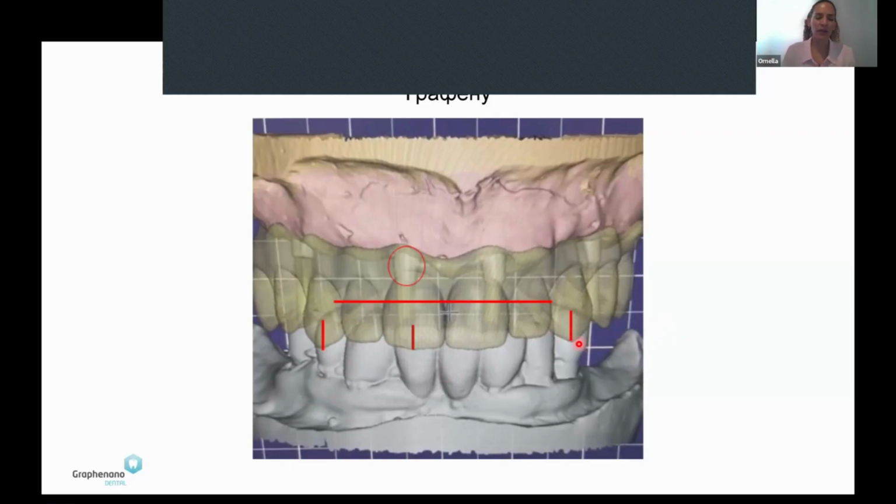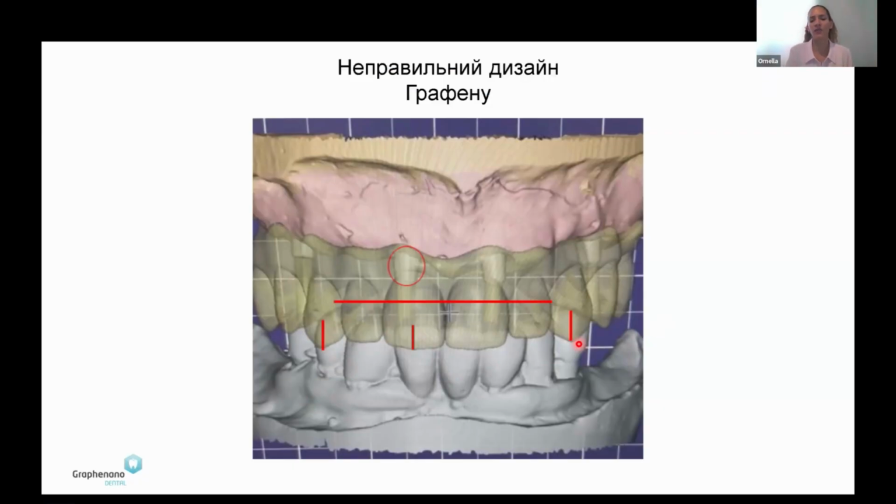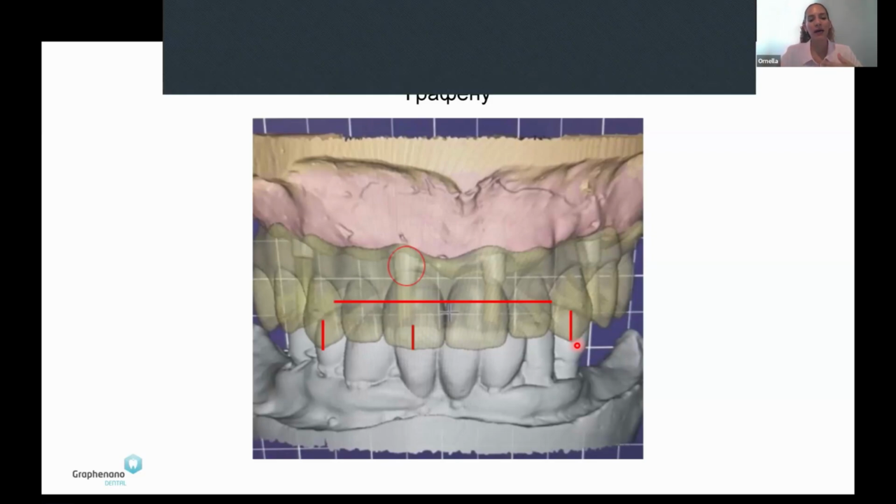So remember, if we are going to rehabilitate, and not only with graphene, this is about the mechanical properties of all the materials in the dental sector. If I'm rehabilitating my patients, it's important to have a correct, balanced occlusion so I don't have any interference, with no premature contact in any place.